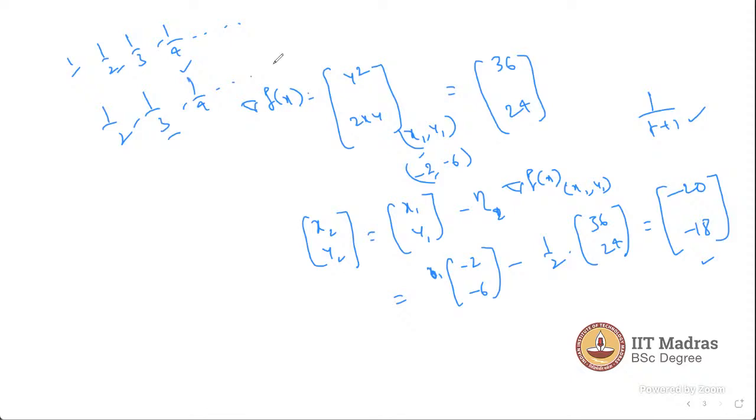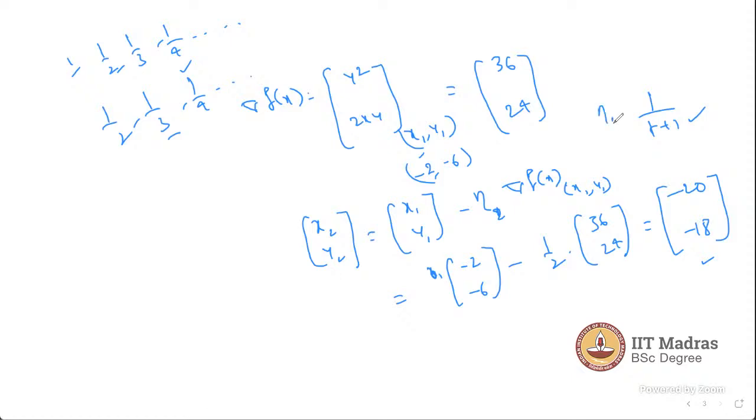Sir, if eta is 1, 1 by 2, 1 by 3, then shouldn't it be given as 1 upon t in the question? It is given 1. So shouldn't we take it constant in every iteration? No, for the gradient descent algorithm, we won't be having this constant eta. For gradient descent, eta t is equal to 1 by t plus 1, right?